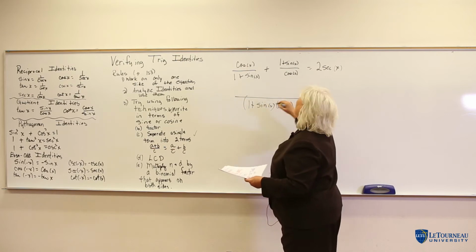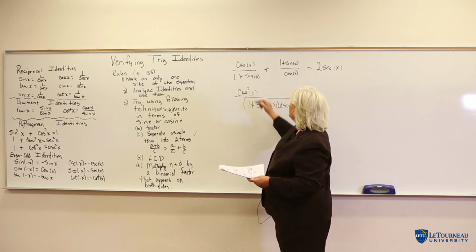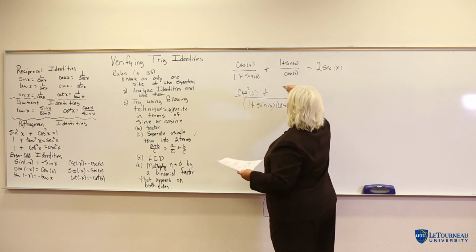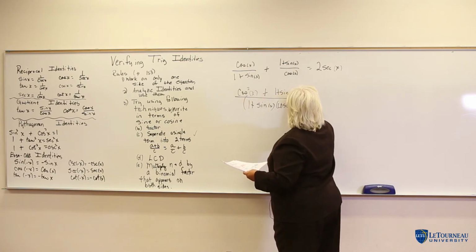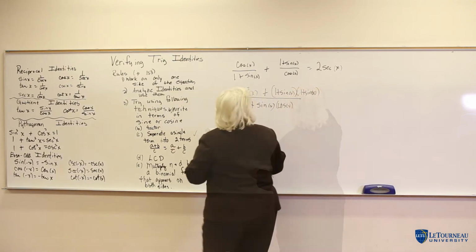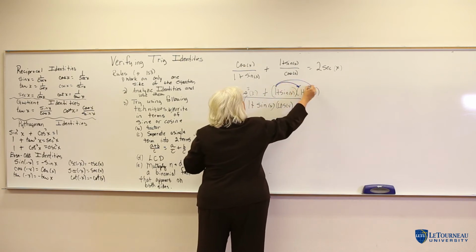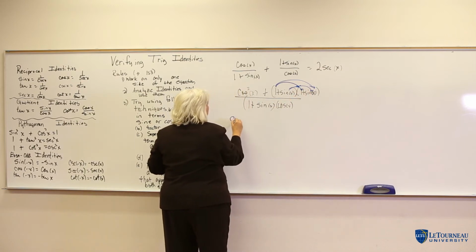If I do that, I multiply cosine x times cosine x, which gives me cosine squared x, plus I'm going to multiply this times this, which gives me 1 plus sine x times 1 plus sine x. If you remember doing FOIL, first, outer, inner, last, that's what we need to do with that.